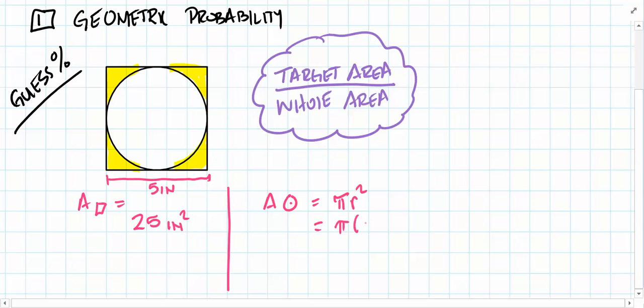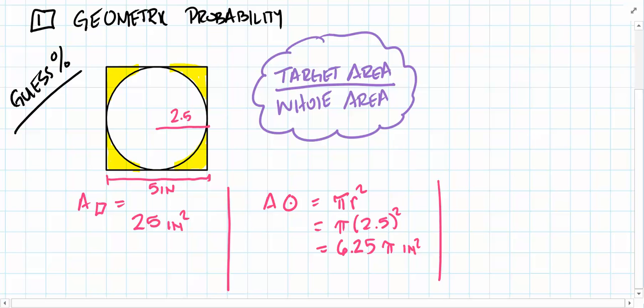So this would be 2.5 squared, which is 6.25. So this is 6.25 pi inches squared. From here to here is 2.5 because the whole thing is 5, so the radius has to be 2.5.